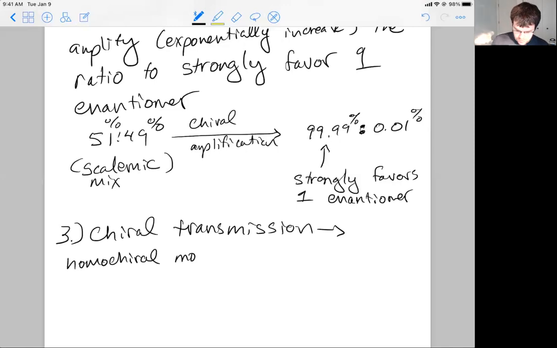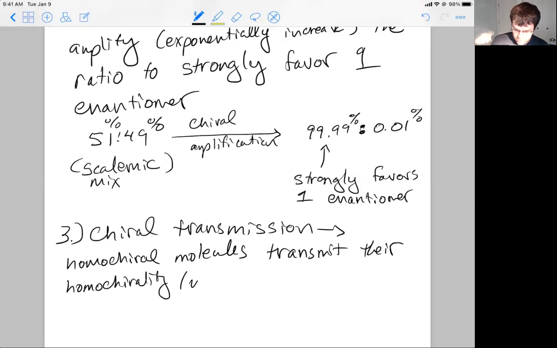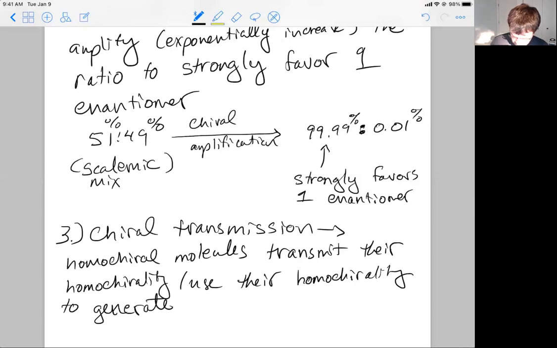So homochiral molecules use their homochirality to generate homochiral samples of other chiral molecules.